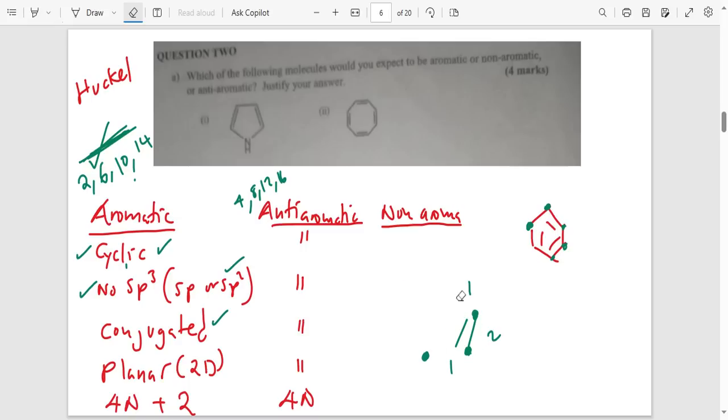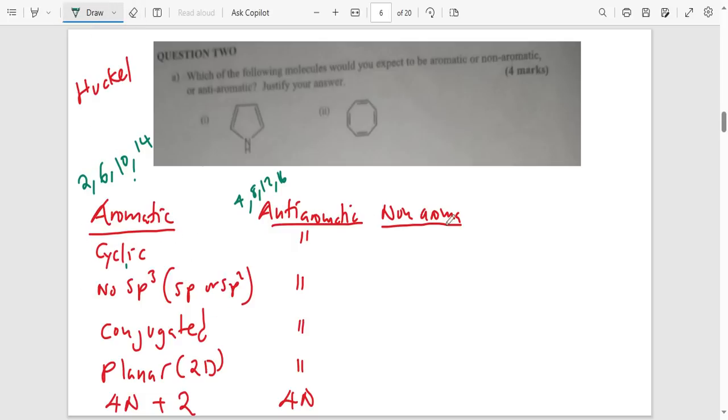I'll give another example just to make sure that we get this through. It's important to understand this. So say we have been given a molecule like this one.